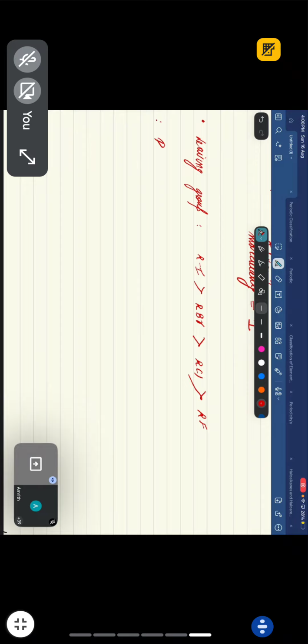Now I want you to write reactivity of substrate. Write down, this is a little important. Reactivity of substrate.